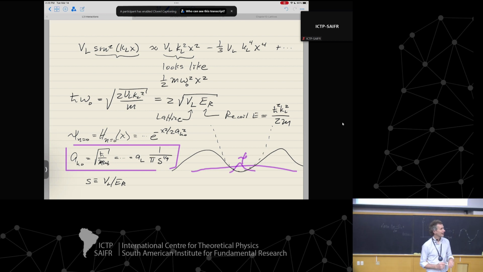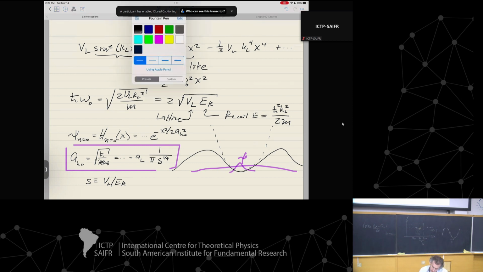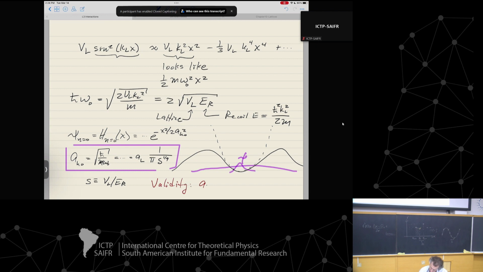Did you have a question? Oh, sorry. Yeah. So the validity, or the self-consistency, is that a harmonic oscillator has to be much less than the lattice spacing. So this is the lattice spacing, and this is the harmonic oscillator.